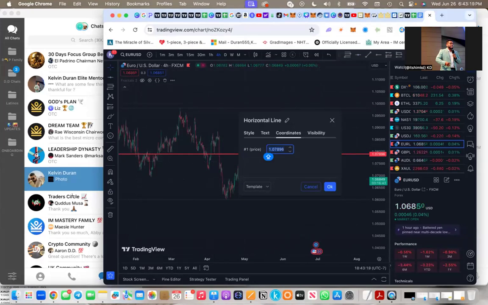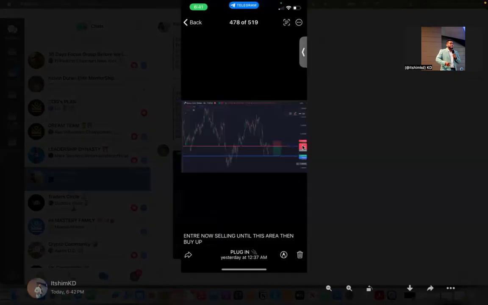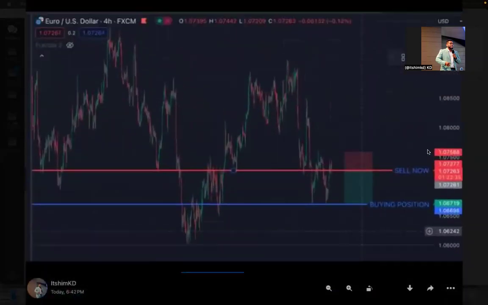The numbers that I look for is this number right here, where the red line is at. So I zoom in. Okay, the red number says 1.07263. Those are the numbers that I'm looking for. That's the area where he's selling. So what do I do right there?